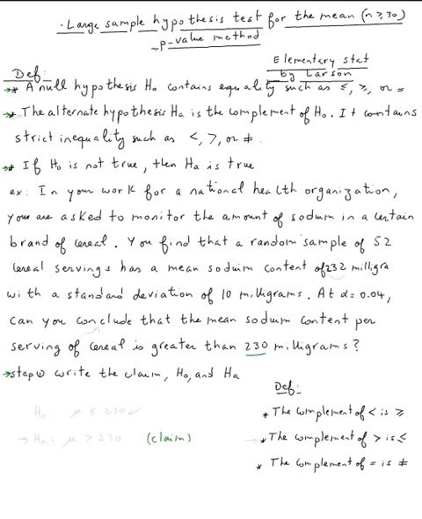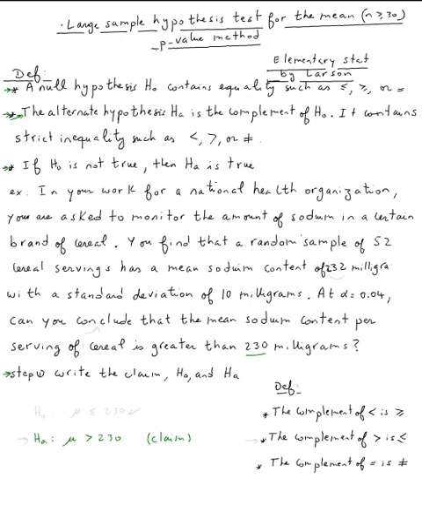In this case, the claim says that mu is strictly bigger than 230. According to the definition, the alternate hypothesis will always have strict inequality. So therefore, I know that this is H sub A. If it was or equal, then I know it's H sub 0.